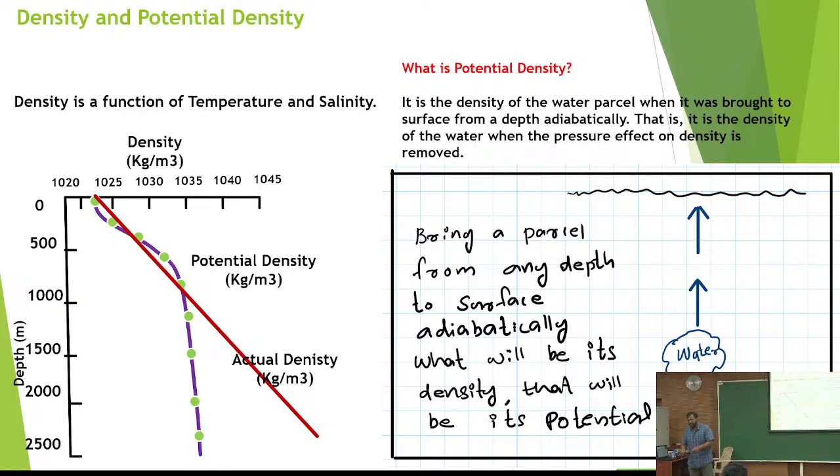Suppose you bring that parcel from 1000 meters to the surface, what its density would be is its potential density. Other densities are density by the pressure. So, we oceanographers usually look at the potential density, which is what I showed you in the previous slide, that is, water brought from any depth to the surface adiabatically, not giving any time for it to exchange its internal properties, then what density you would get is its potential density.